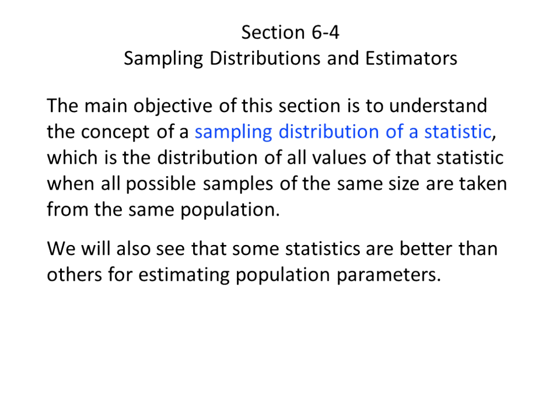So a sampling distribution of a statistic, and remember a statistic is like X bar and S, the mean and the standard deviation, measurements from a sample, is a distribution of all values of that statistic. Again, a statistic is a measurement from a sample.